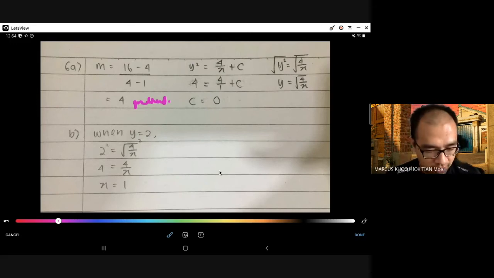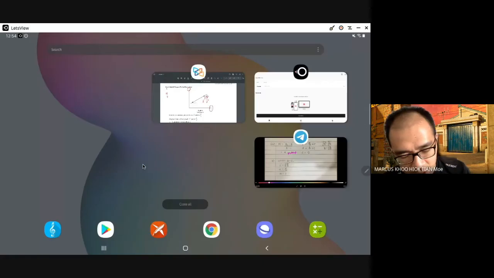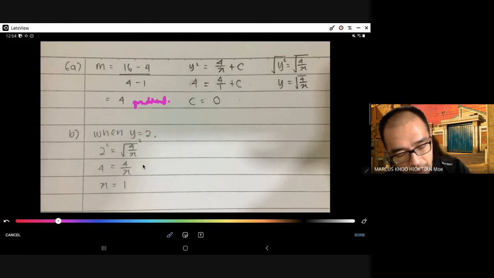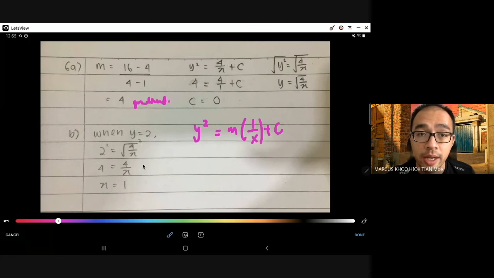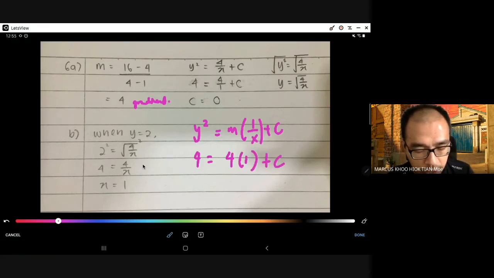Sorry, I calculated wrongly. Yes, it's 4. And then after that, you substituted the 1 and the 4. It will be y squared equals to m times 1 over x plus c. That's what you're doing, right? Yes. Okay, so you substituted y squared is 4 equals to 4 times 1 plus c. So c will be equals to 0.